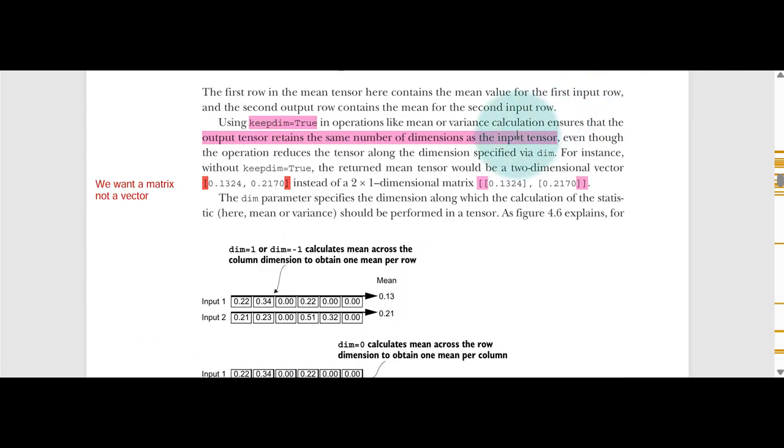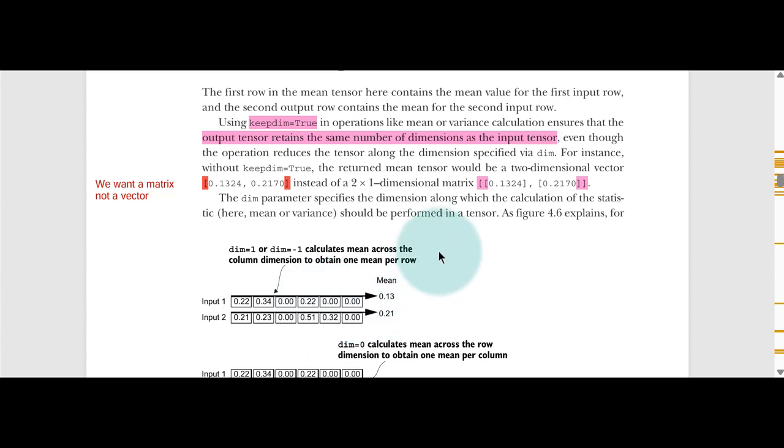So I don't really like this language, but he says the dim parameter specifies the dimension along which the calculation of the statistic, the mean or the variance, should be performed. Well, I don't know, does that mean the column, or do we call it the rows? I really don't understand that language.